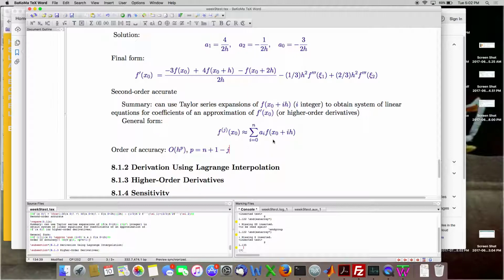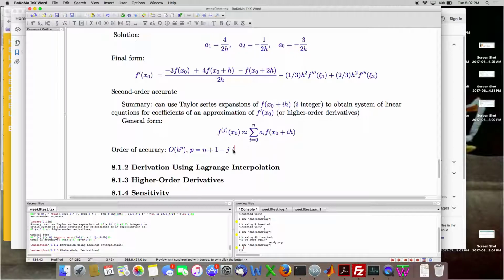So in general, that's the order of accuracy: how many points you use, n plus 1, minus the order of the derivative you're taking.